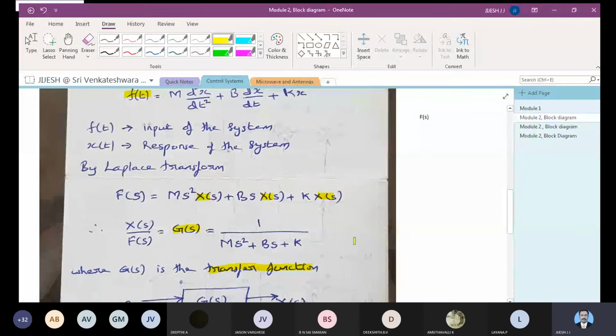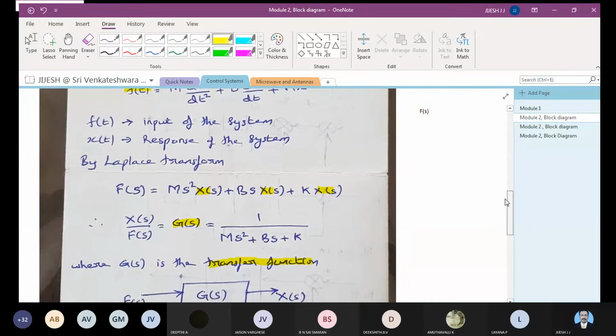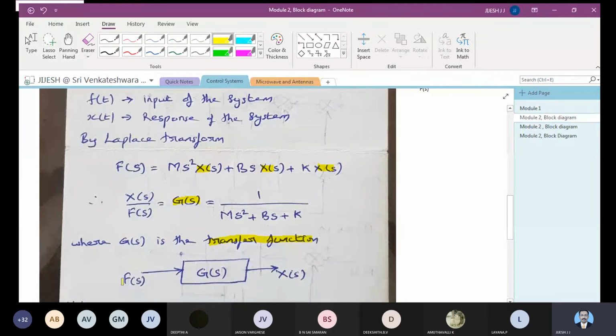See here, it is only for this small diagram whatever we have drawn there. So let us write it in the format of a figure. You will get like this: this is f of s, and this is g of s, then you will be having x of s. So x of s by f of s, you will get it as g of s.